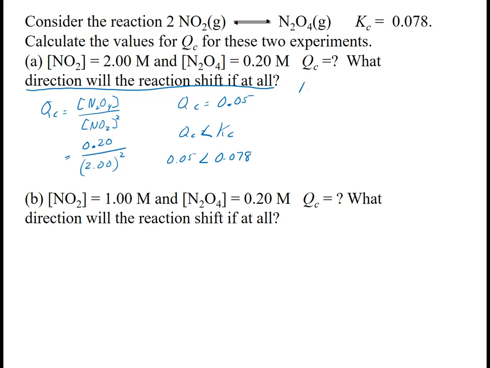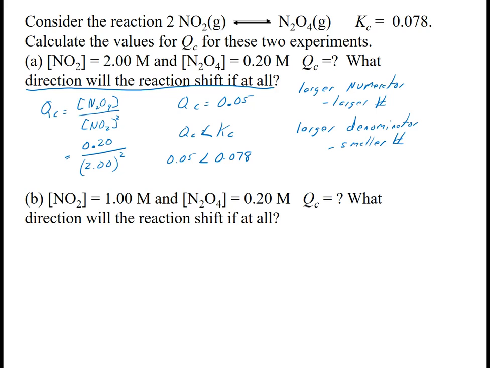A larger numerator means a larger number. A larger denominator means a smaller number.